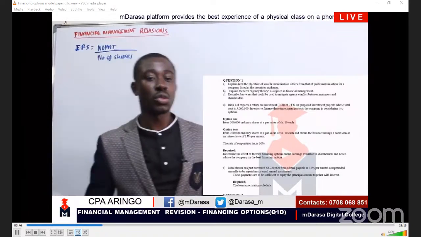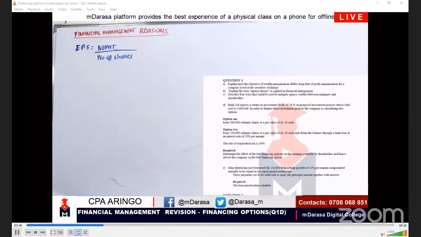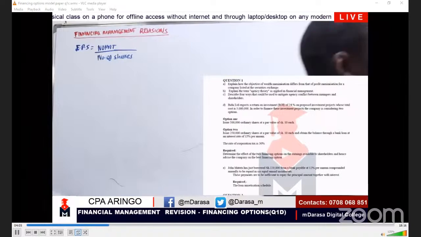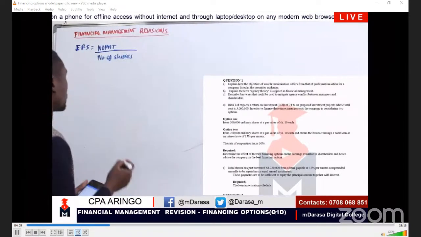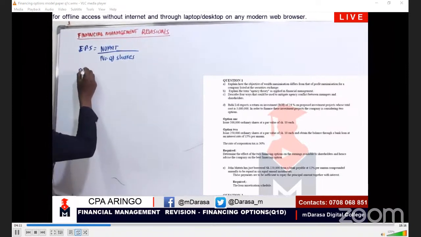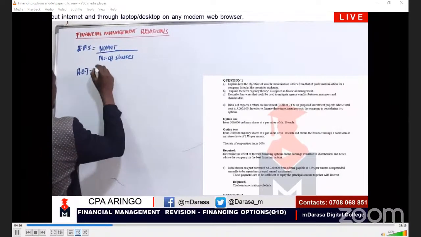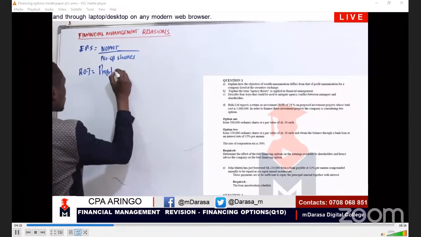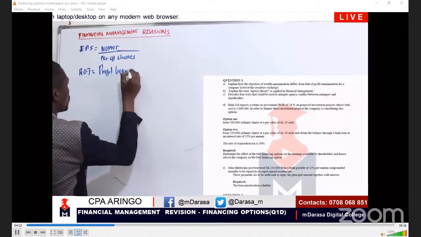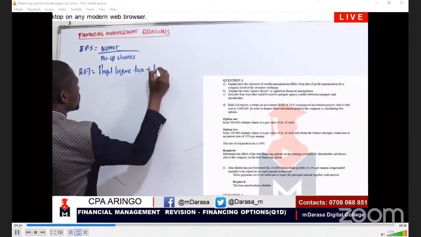And because I'm also dealing with the return on investment, it is also very vital that we understand that anytime you're talking of a return on investment, because the examiner had given us a return on investment, right, or the rate the company should be earning, you should always have in mind that basically we talk of profit before tax and interest.